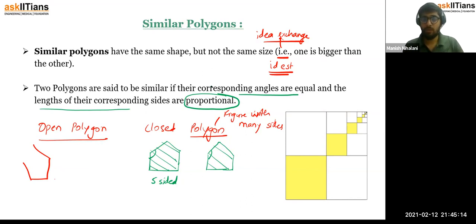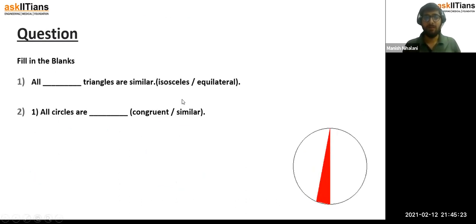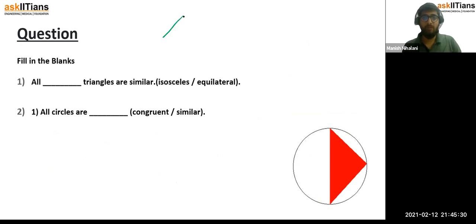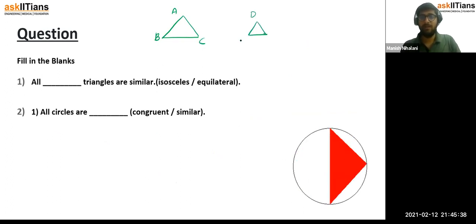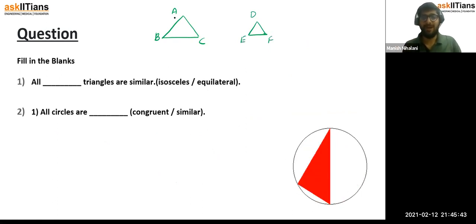What do you mean by proportional again? Proportional means they should be in the same ratio. Before the question, let's understand the meaning of proportional. For example, if you have two triangles, one bigger triangle and the other a smaller triangle, triangle ABC and triangle DEF.